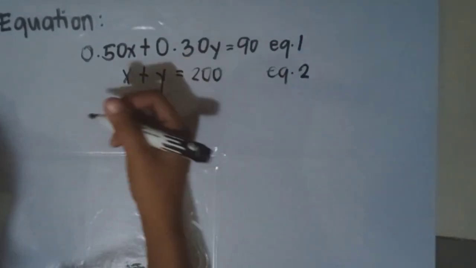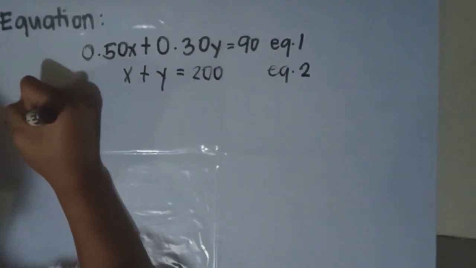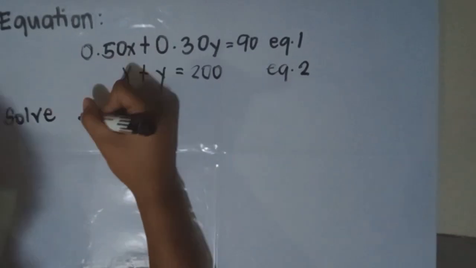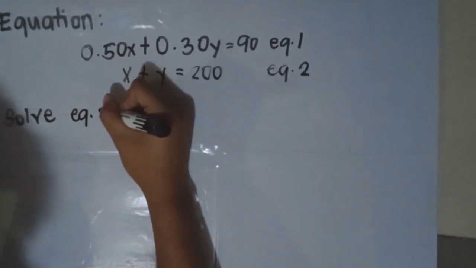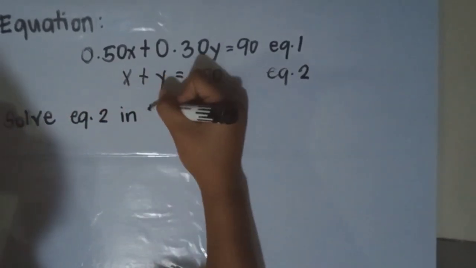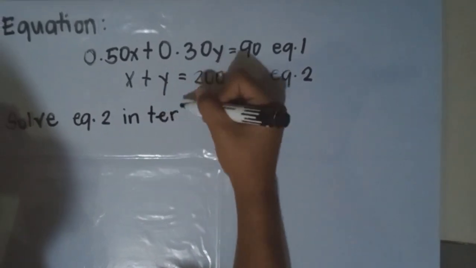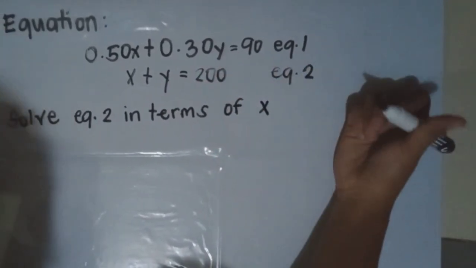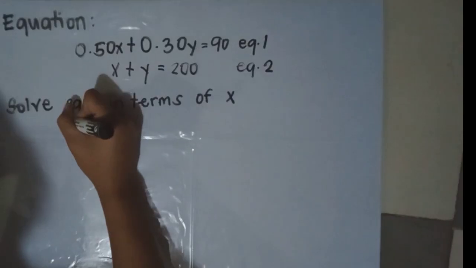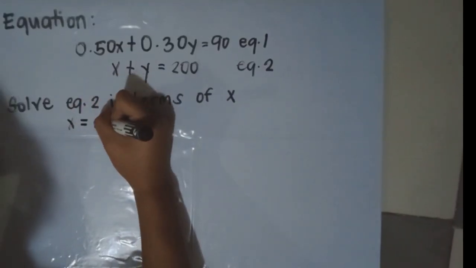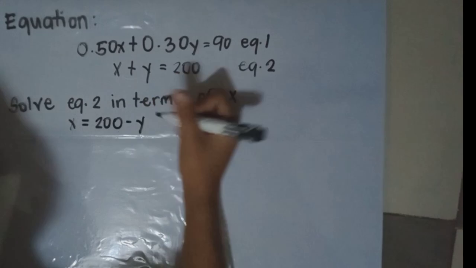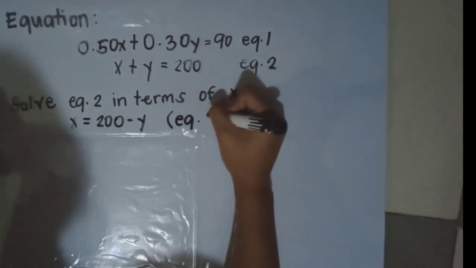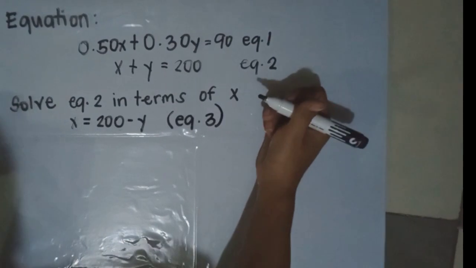Now, we are going to solve equation 2 in terms of x. x equals 200 minus y. This is equation 3.